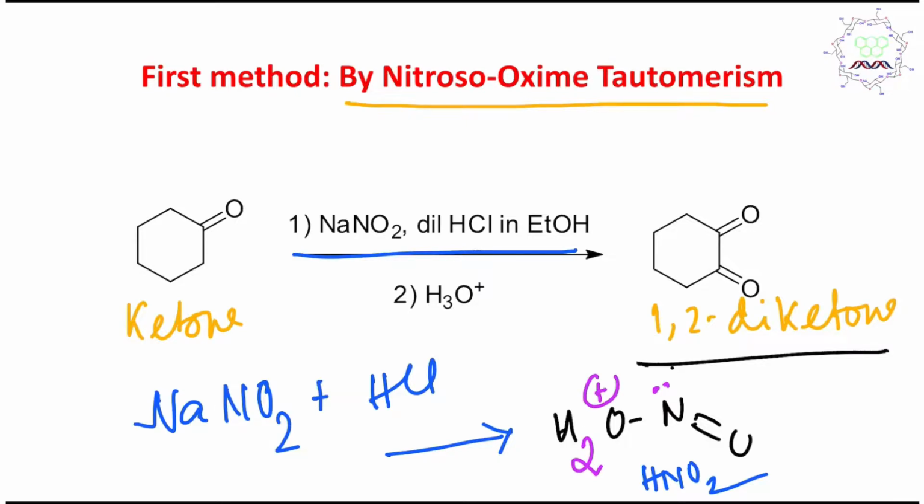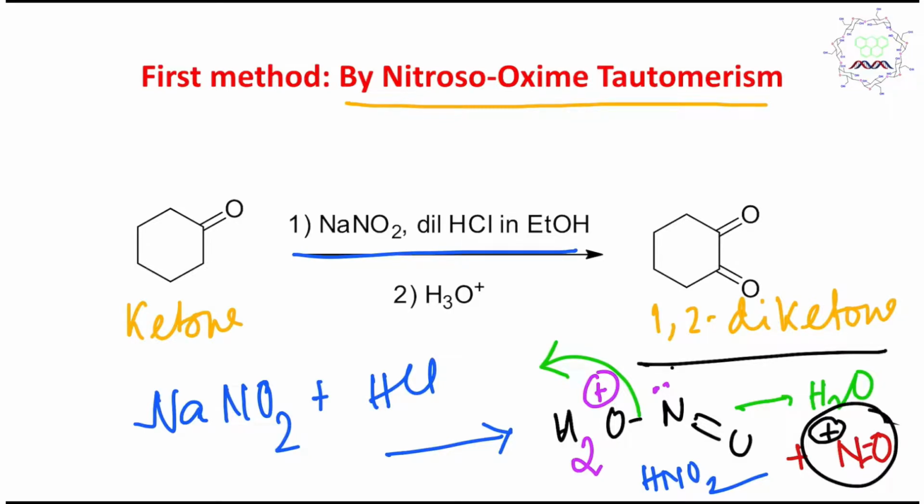This is a cation, and because of this OH2 plus formation, this part, student, becomes a very good leaving group, because after leaving the molecule is actually water. It's a neutral molecule, neutral leaving group, and consequently what it produces? It produces N double bond O, and obviously the positive charge is on nitrogen, and this is, student, the electrophile. Okay, so in the next step, actually for diazotization also same, this NO plus is the electrophile, but from here the reaction course will follow a different pathway.